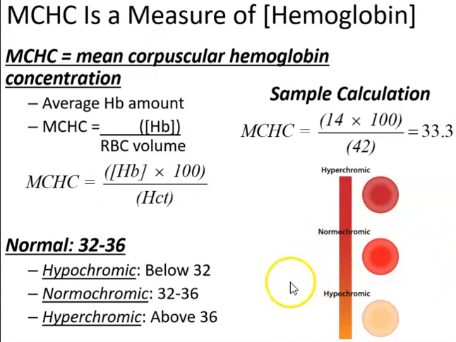However, if it is below the normal range, so below 32, you would have a much paler cell. So we would consider this cell hypochromic, so below normal color. If we had a cell above the normal range, so above 36, we could see a darker erythrocyte, so this would be considered hyperchromic.